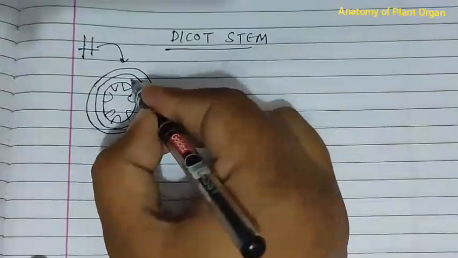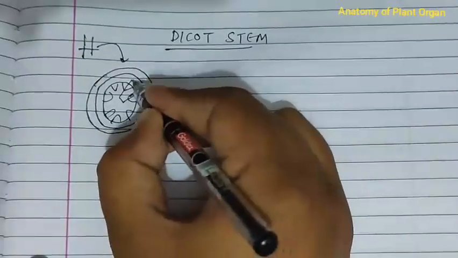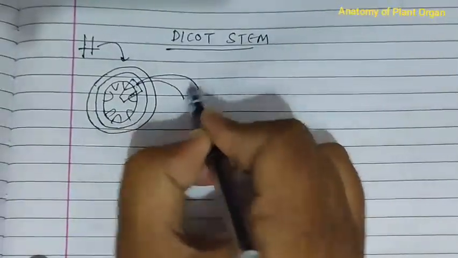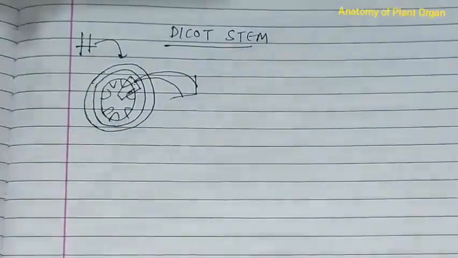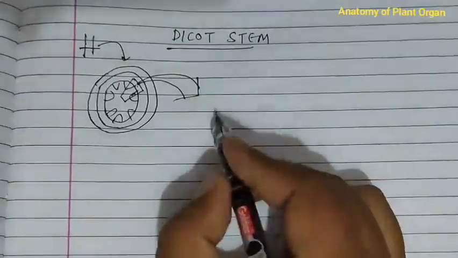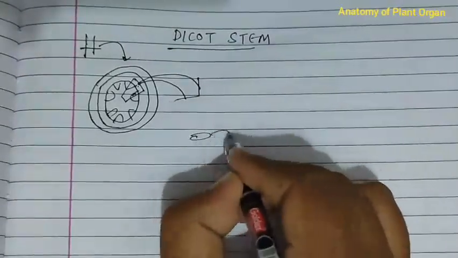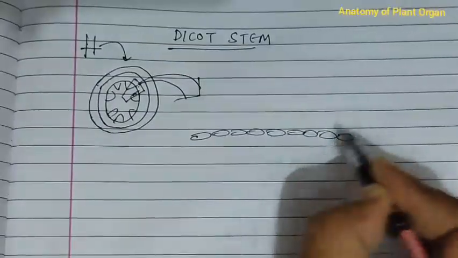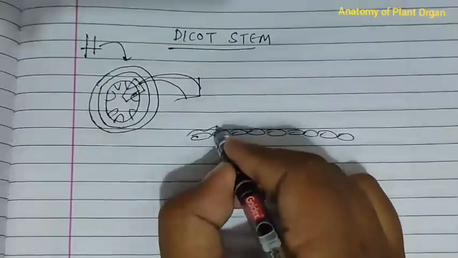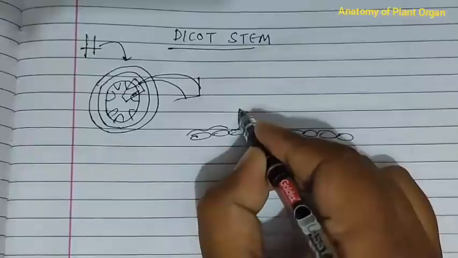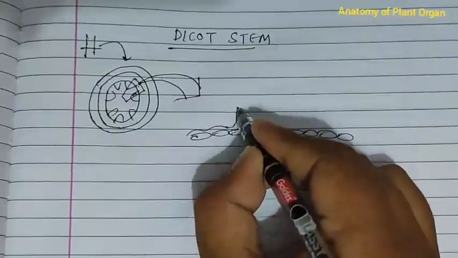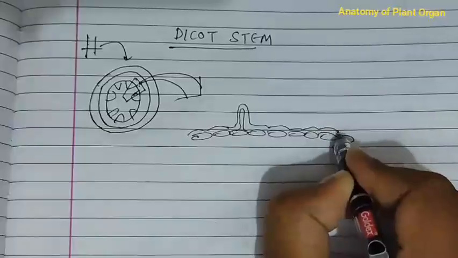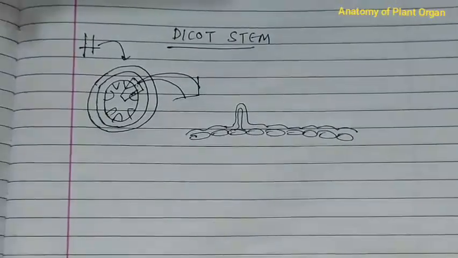Now if out of this we take a cross section of half of vascular bundles from both sides, and if we draw this in detail, then we come up with this type of diagram in which there is an outermost epidermis, and this epidermis gives rise to the root hair. This is covered by a cuticle.